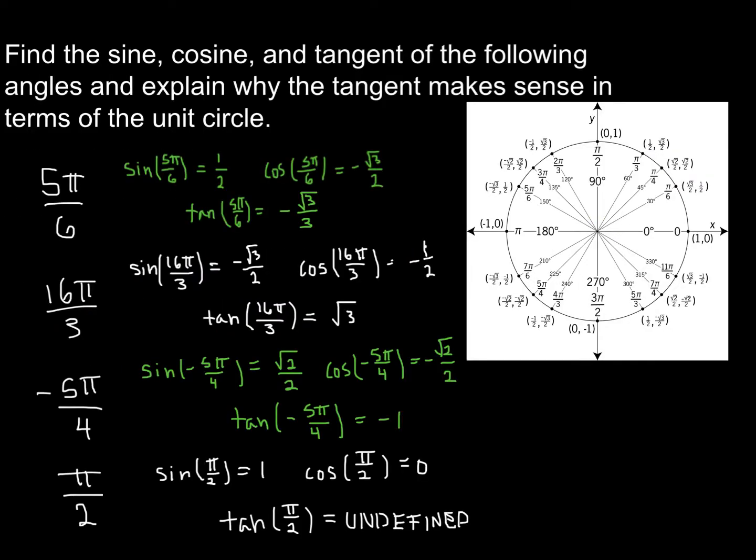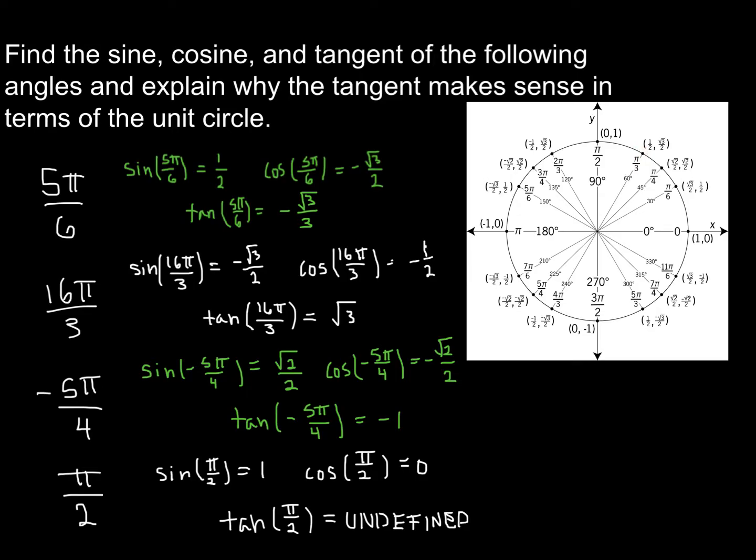All right, so finding the sine, cosine, and tangent, of course, is made much, much easier using our unit circle and thinking about the rotation around in terms of radians. When we're making sense of tangent, what we're looking at is, does the terminal side seem to have that slope?